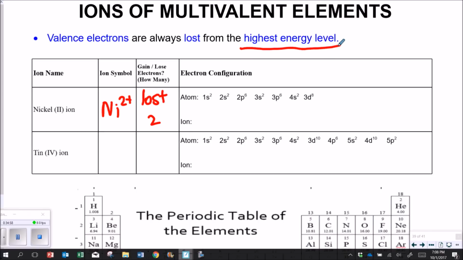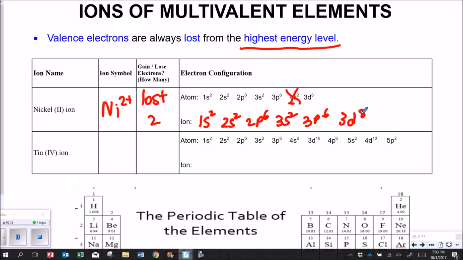So if it lost 2, the highest energy level is the energy level number 4, so it will lose those 2 electrons first. So the ion will be 1s2, 2s2, 2p6, 3s2, 3p6, and then we will lose 4s2, and 3d8 will remain.